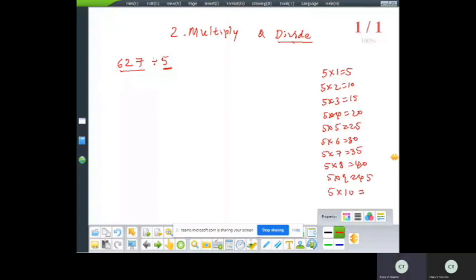And here one special multiplication exists, that is 5 into 0 is 0. 0 into any number is 0.